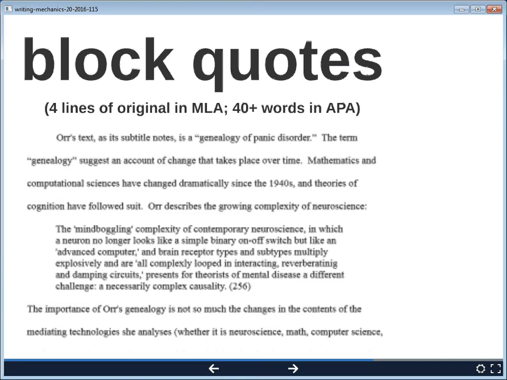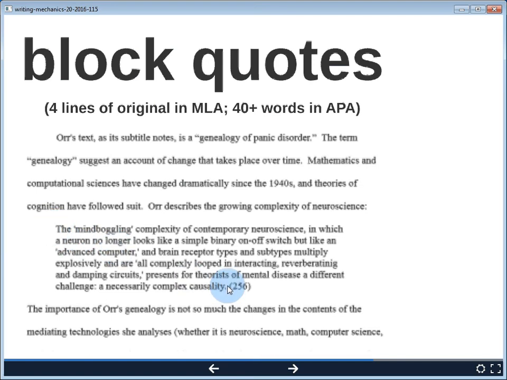So if your quote is 4 lines or more, and you're using MLA, you need to set off the material by indenting it, by changing the margins on both ends, by introducing it with a colon, and by putting the reference, the in-text citation, outside of the closing period. And as you'll notice, there are no quotation marks.